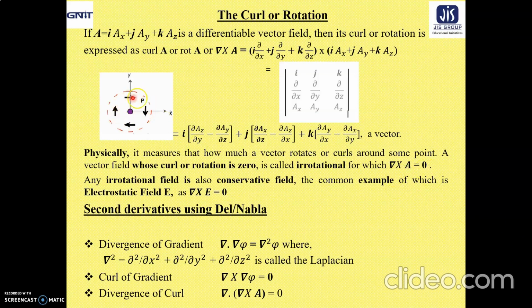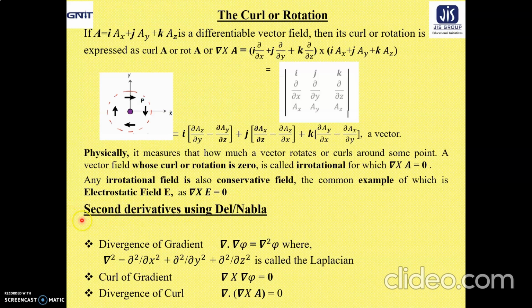So if curl is 0, then the vector is called irrotational, because rotation is 0. An irrotational field is also a conservative field. We will find that in due course, and the most common example is the electrostatic field, for which del cross A equal to 0.